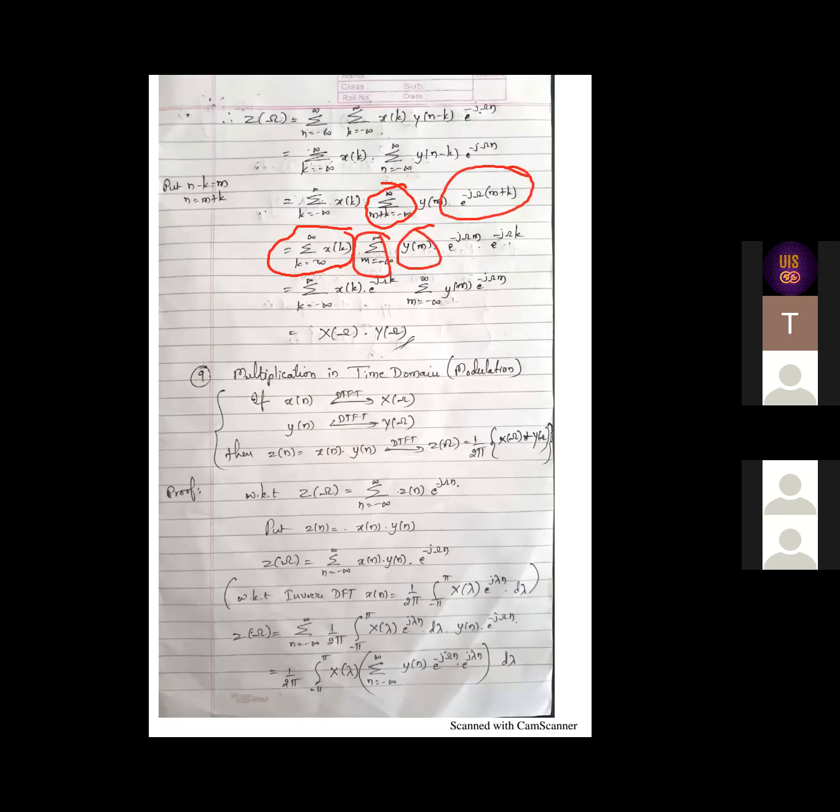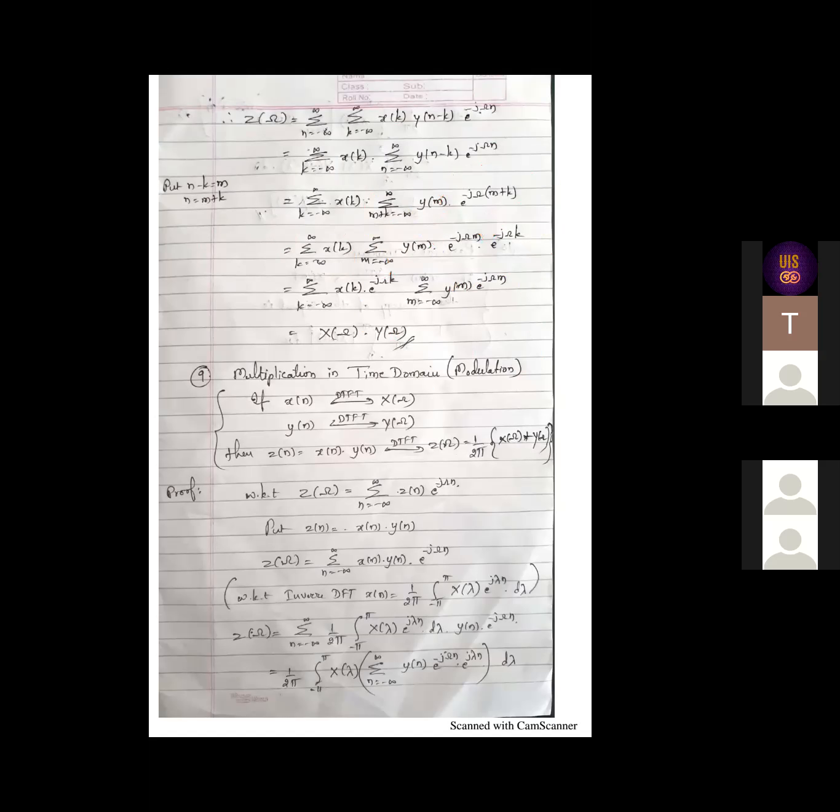This exponential term I will split. One is e raised to minus j omega m, the other one is e raised to minus j omega k. Now, if you observe, there are two exponential terms. One is with the variable m, the other with the variable k. The second exponential term, which has k, I will associate with the first summation.